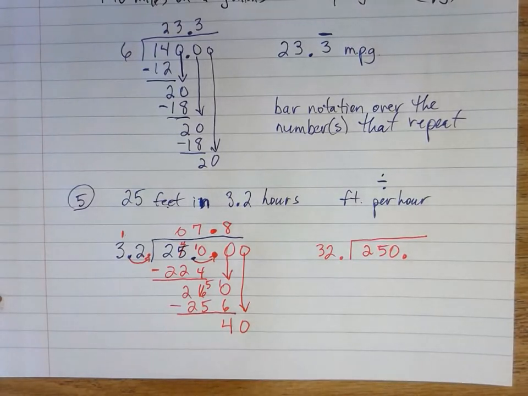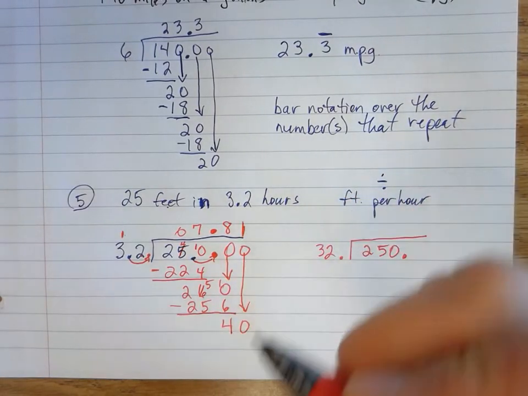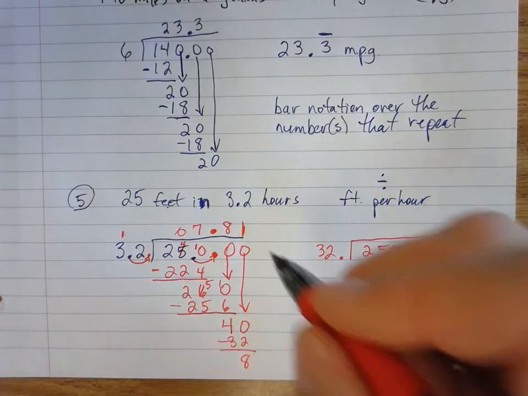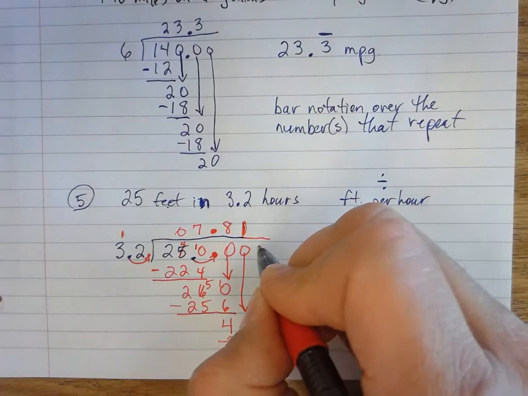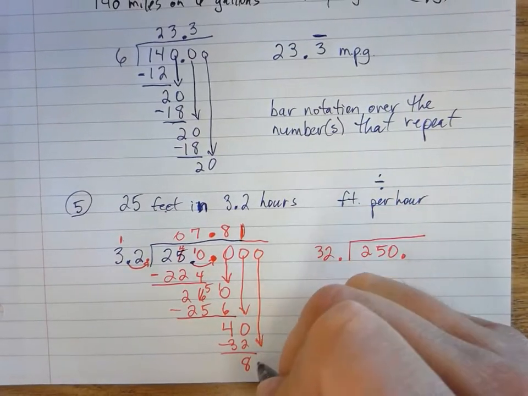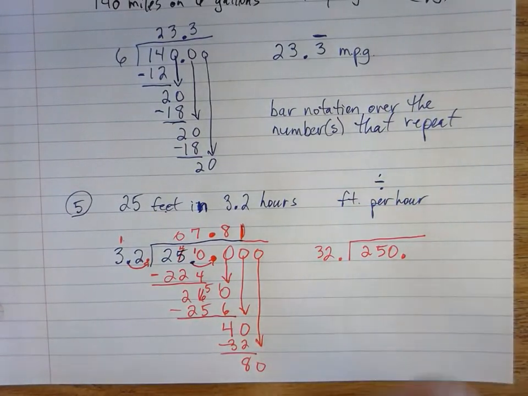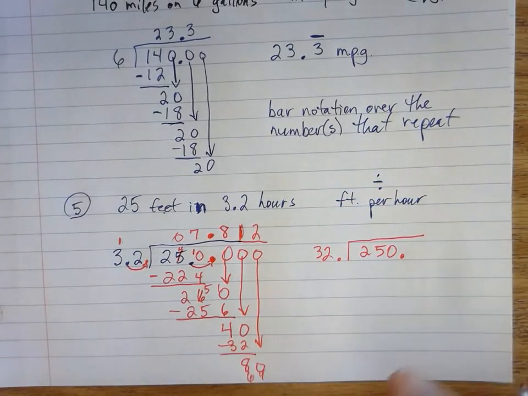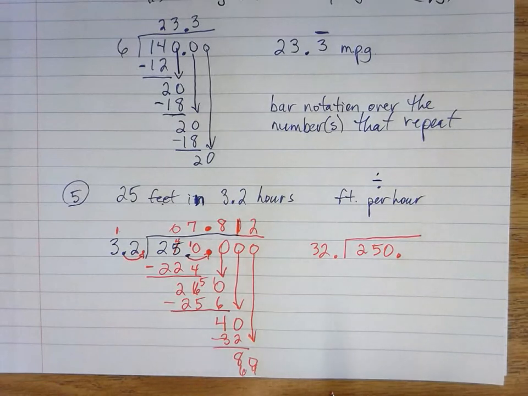And 32 goes into 40 one time. And that would be an 8. I'm going to go one more spot just for good measure. 32 goes into 80 2 times. So that would be 64. And I'm going to stop right there. Going out to the thousandths place is plenty.